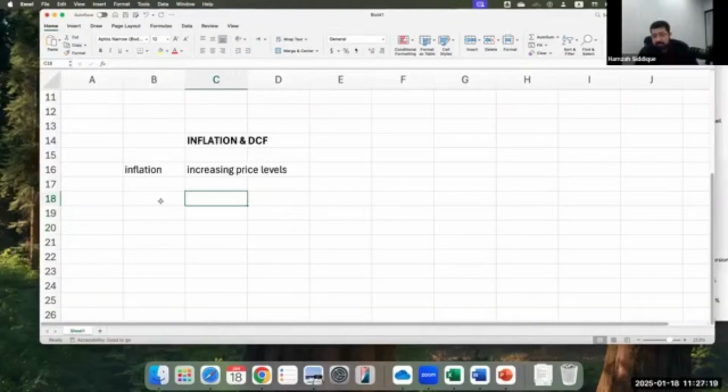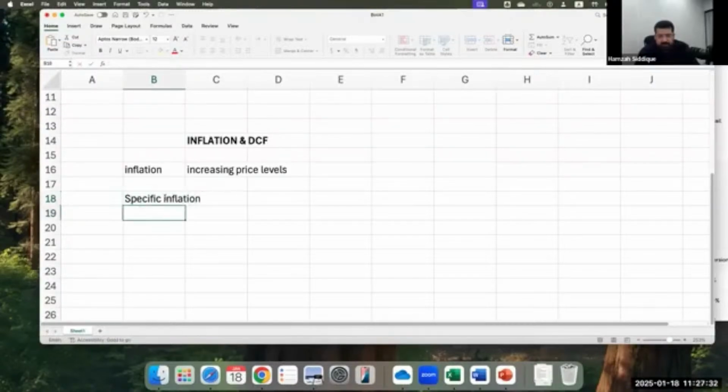In your syllabus, inflation is of two types. One is called specific inflation, and the other is called general inflation. Specific inflation is an increase in the price of a specific item.